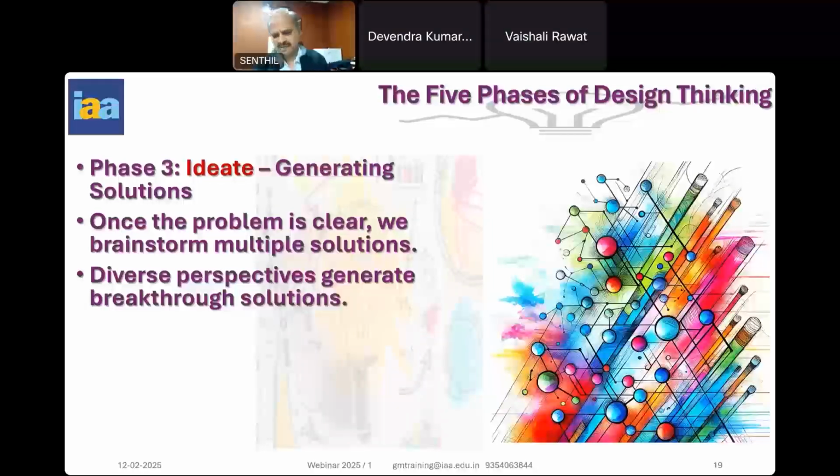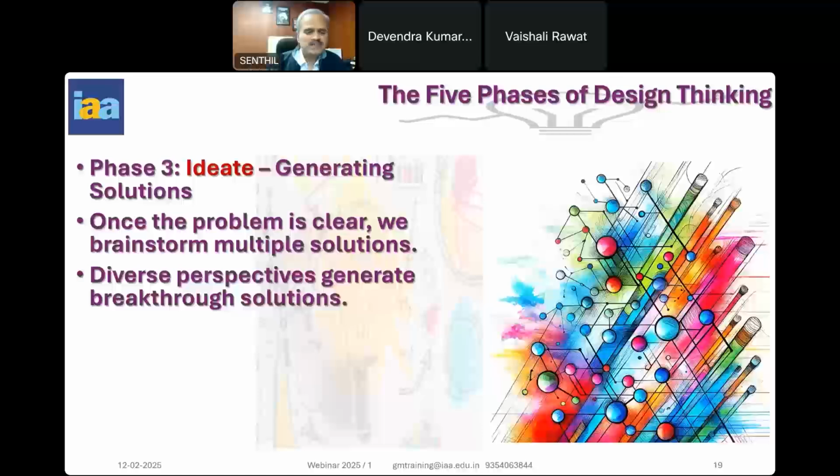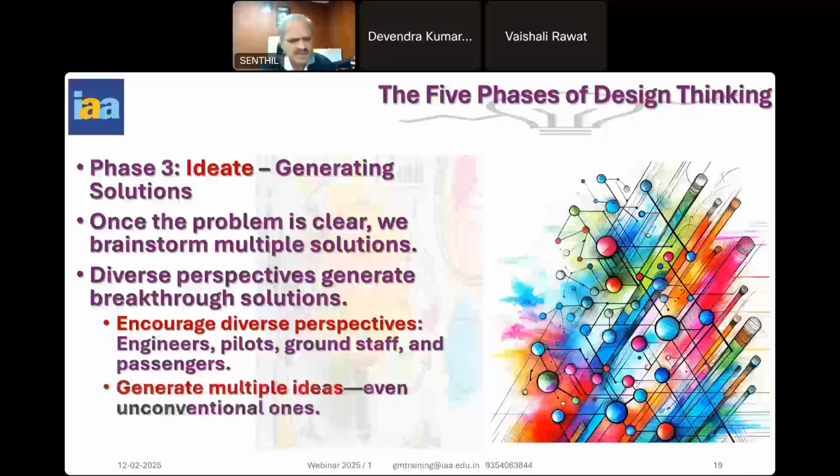Because when you involve, say for example, your SMS meeting, different types of users, everyone will have a different perspective. So they will be able to give different angles of thought so that the solution will have better input before it is being formed. So we need to encourage diverse perspectives. This is what I explained.